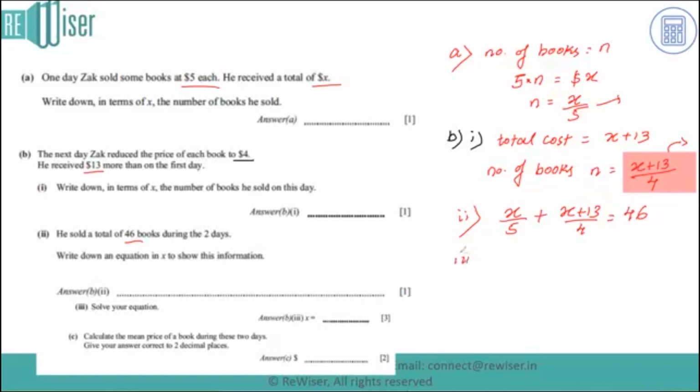And for B part 3, we are talking about solving this given equation. Whenever we have a fraction and want to simplify, we should make sure that we get a common denominator. For the first part, I'm going to multiply by 4 and 4. And for the second part, I'm going to multiply by 5 and 5.